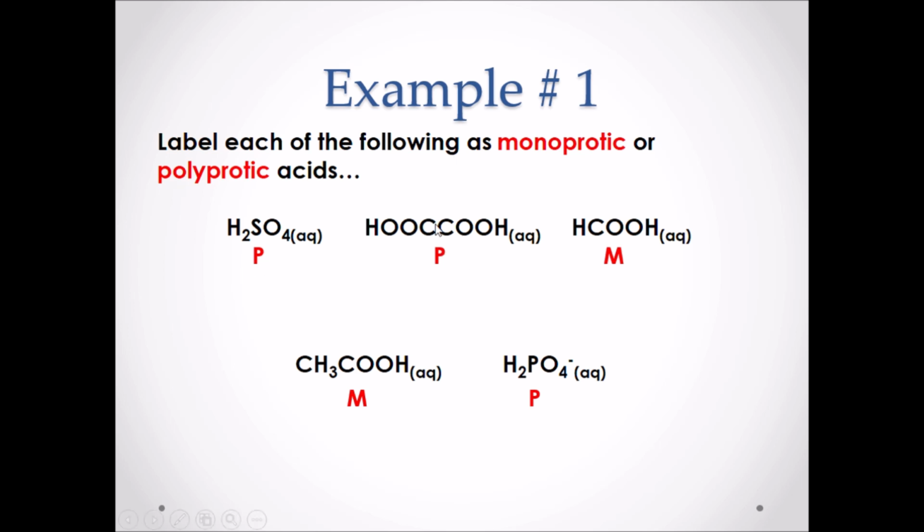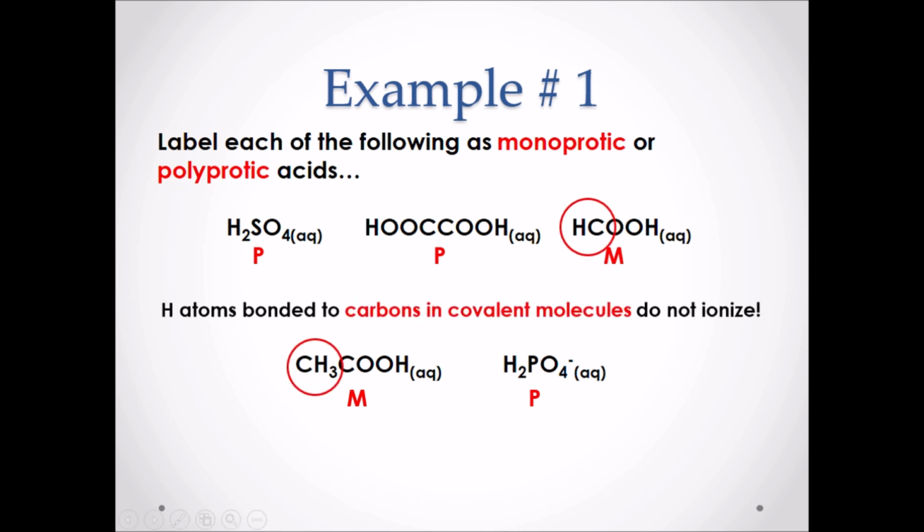Our next acid, HOOCCOOH, is also polyprotic because it has multiple hydrogens in its chemical formula. Our next acid is a little unusual. It is HCOOH. There are multiple hydrogens in the chemical formula, but this acid is considered monoprotic.